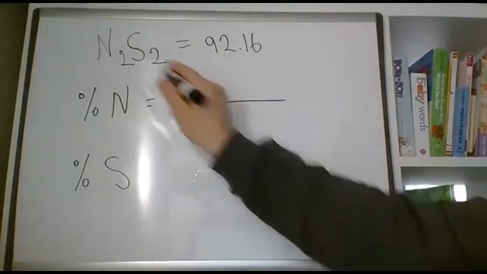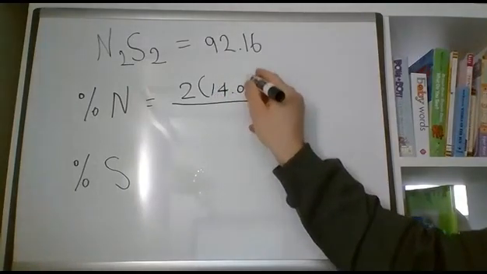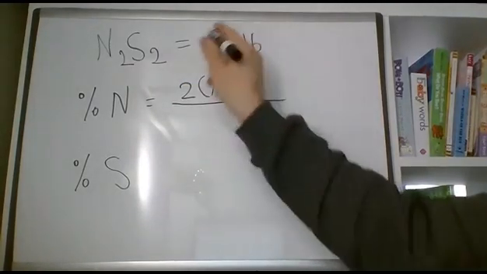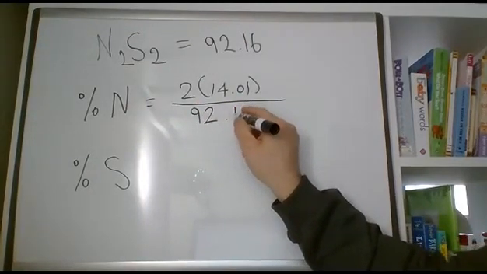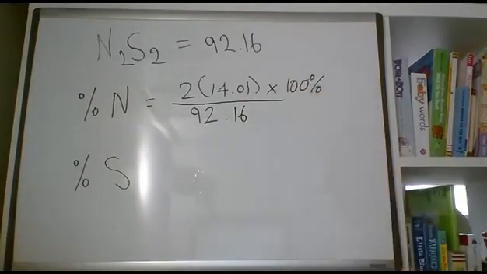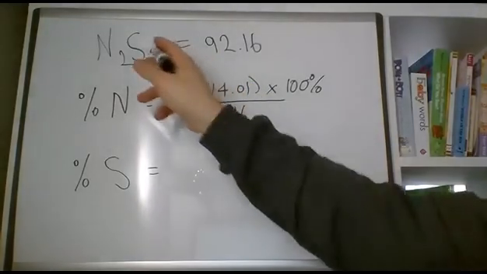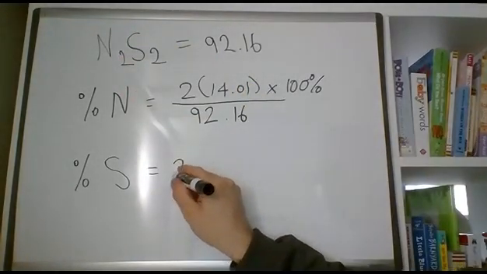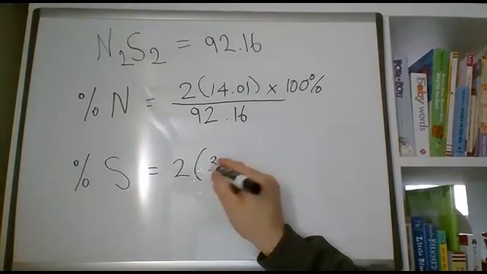I've got 2 nitrogen. Each nitrogen is 14.01. 2 nitrogen in a total compound of weight 92.16. So what's that as a percentage? And then sulfur, I have 2 sulfur. The weight of sulfur is 32.07.